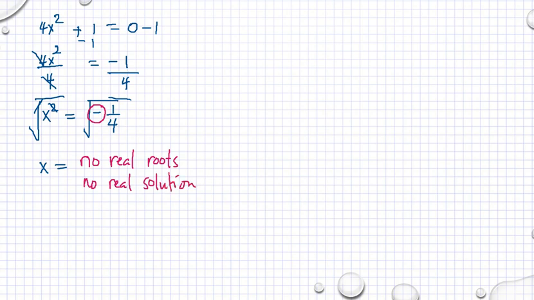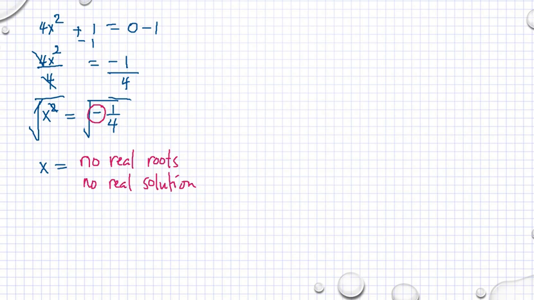Later you will learn when to get the complex number solution. But now I just want to introduce to you that when you get a negative under the radical sign, then you have no real roots.